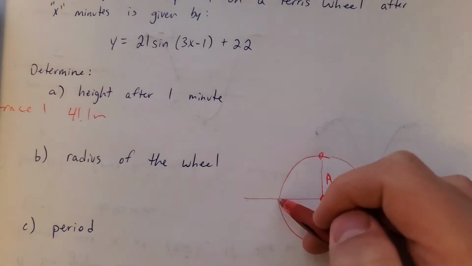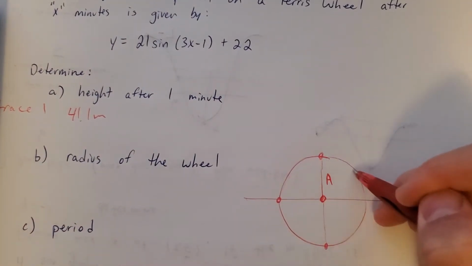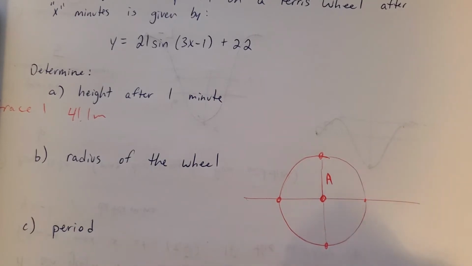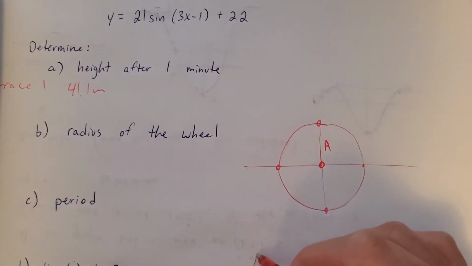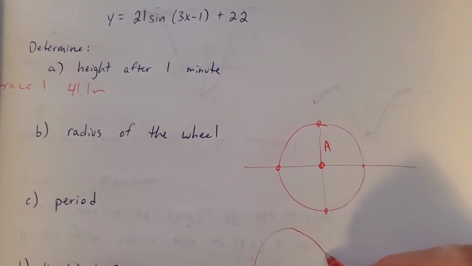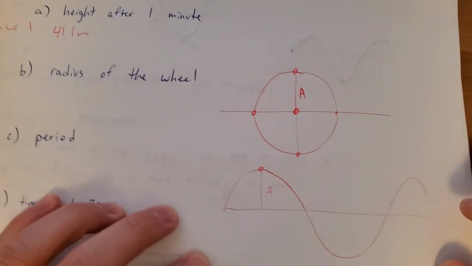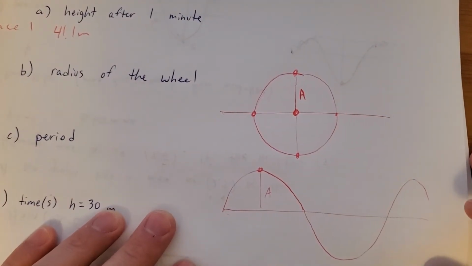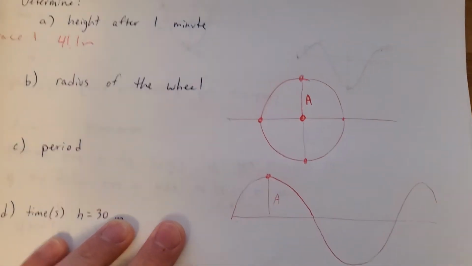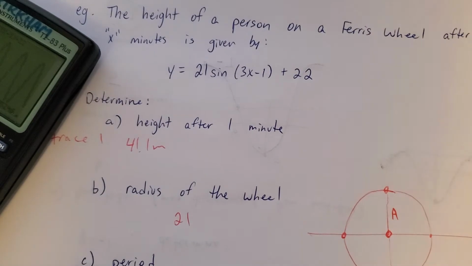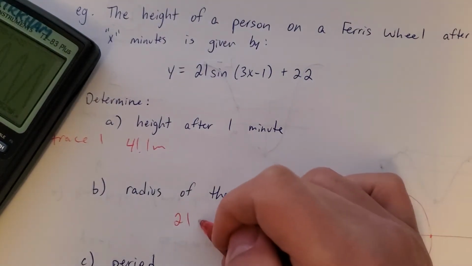If you start here, you go up to the top, then you come down all the way to the bottom, and then you're going up again. Okay, the amplitude is the radius of the wheel. I'm trying to convince you of that. So the radius of the wheel, 21 meters.